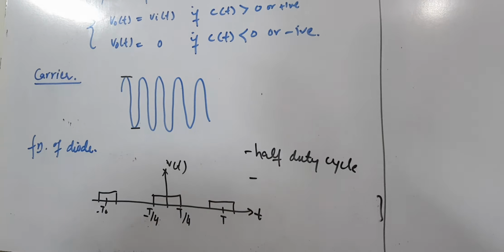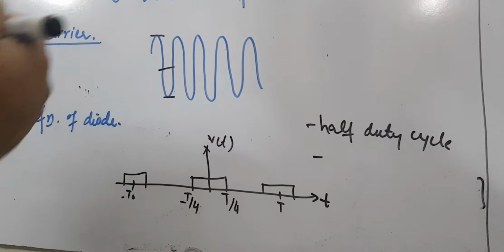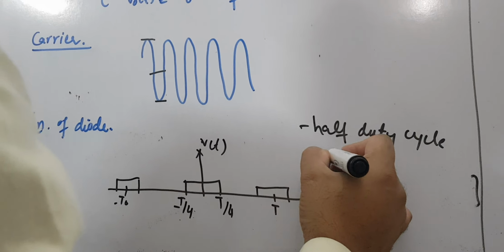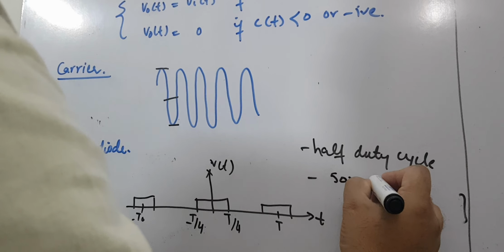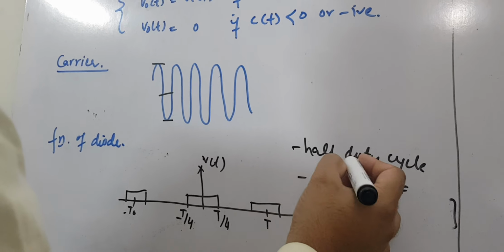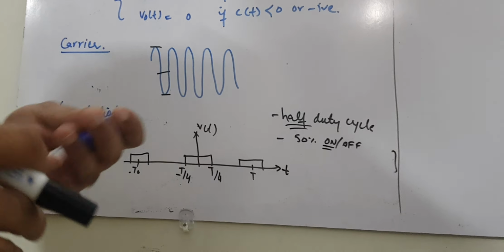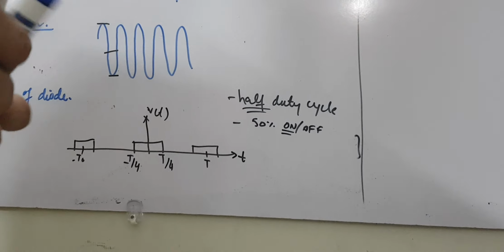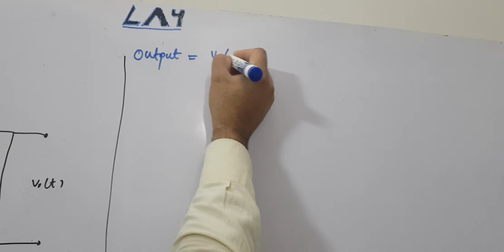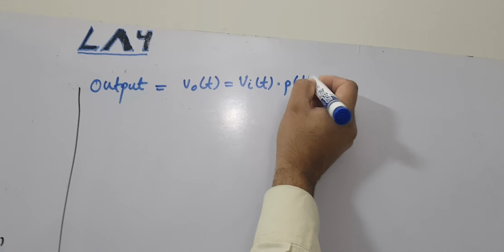Half duty cycle, because for half of the cycle the diode will work and for half of the cycle the diode will be off. That is why it is 50% on and off, so it is a half duty cycle. The output will be equal to v_i(t) multiplied by the pulse.